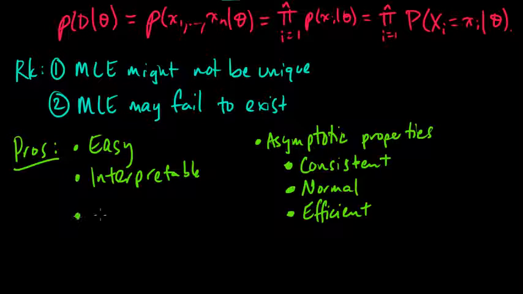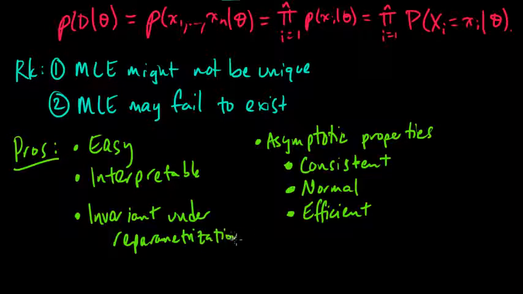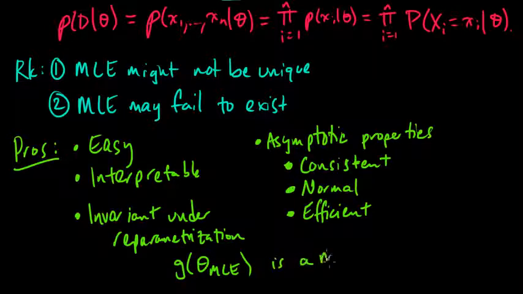Okay, and one last pro here is that it is invariant under reparameterization. And this means that for any function g of theta, the MLE of g of theta is g of the MLE.